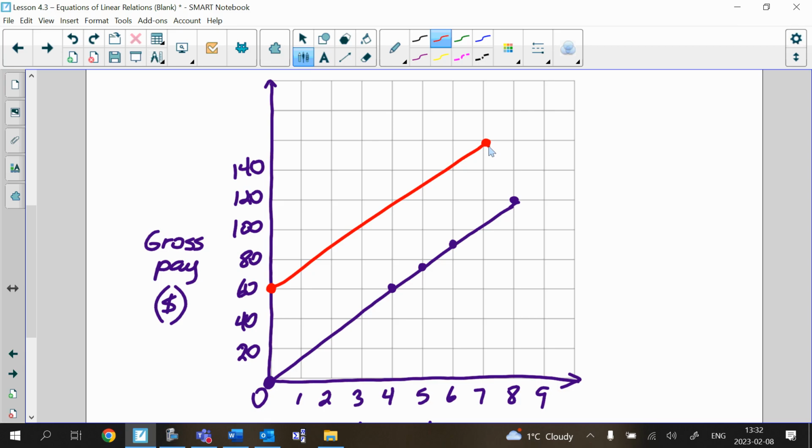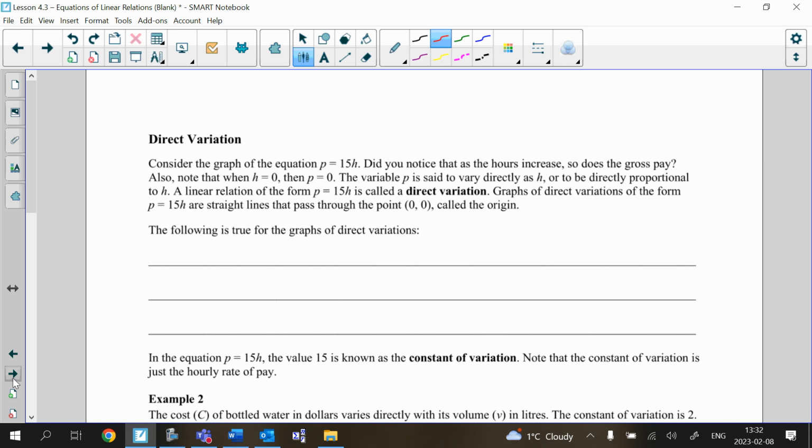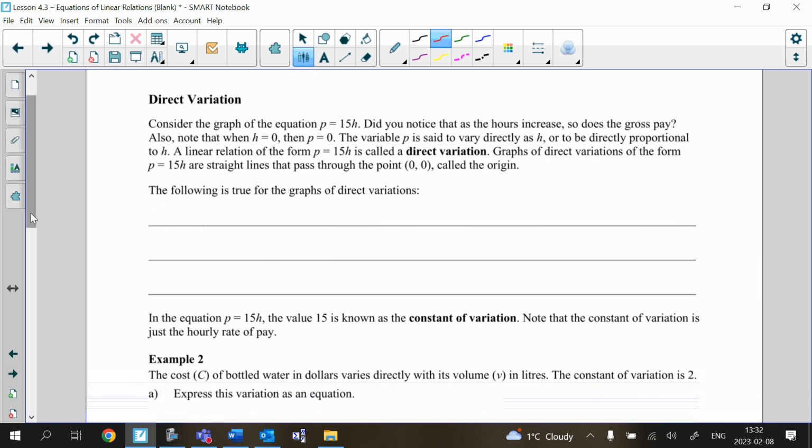Actually, we're going to talk about direct variation right now. So it's linear because if we increase the hours by 1, the pay goes up by 15. As one increases by some amount, the other increases by some corresponding amount.